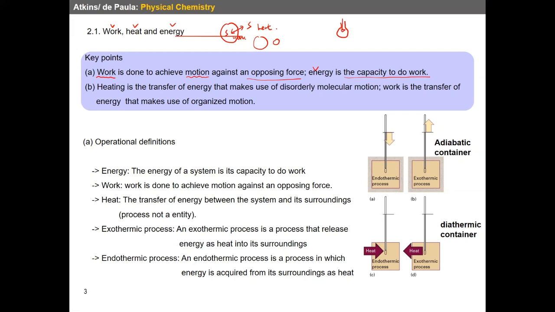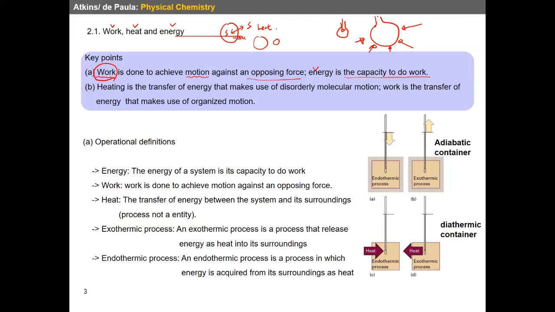You push air into the balloon, then the balloon expands. But there is a force applied to the balloon in the opposite direction. Without this force, the balloon would expand permanently. That motion of the system against the opposing force is called work. And energy is the capacity to do work.